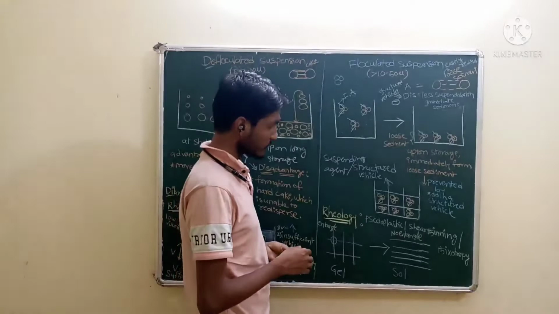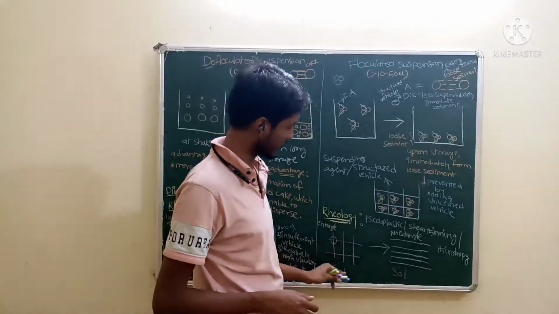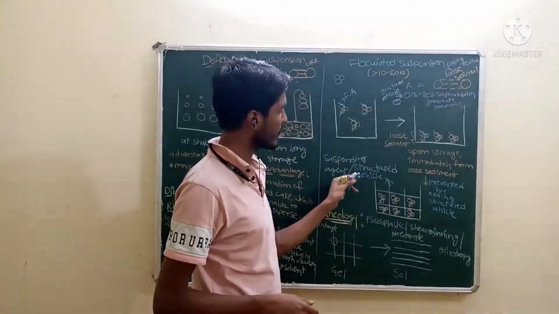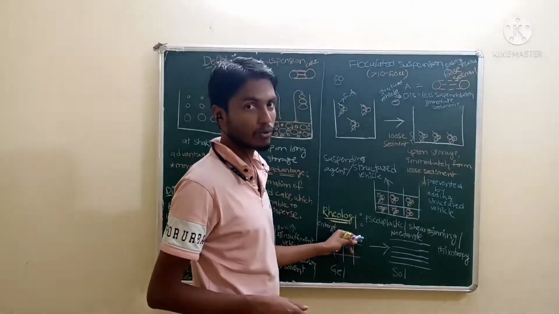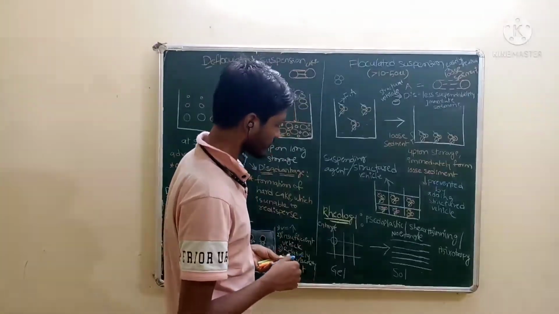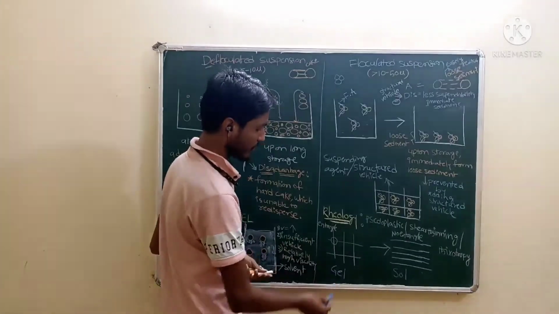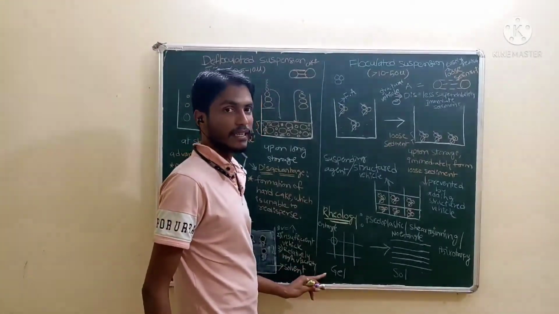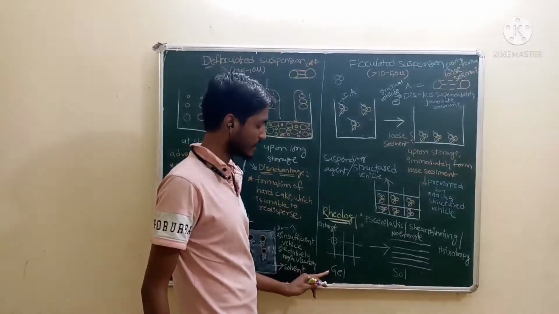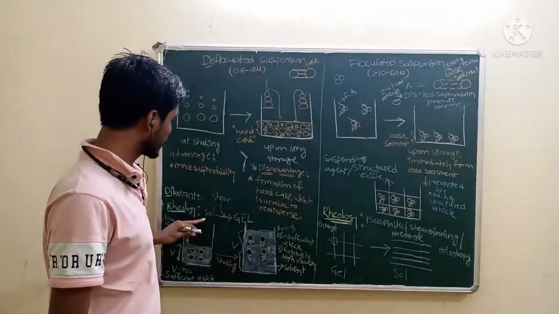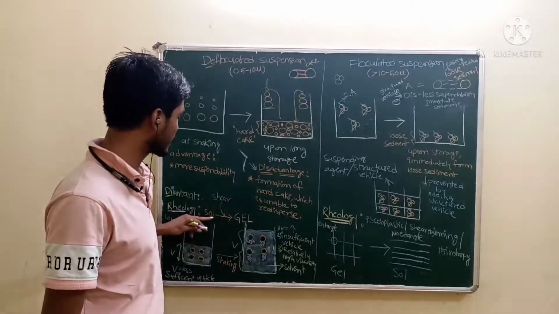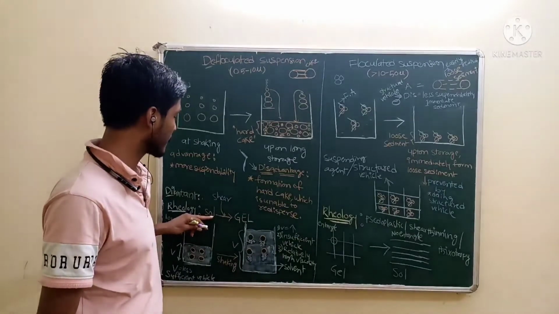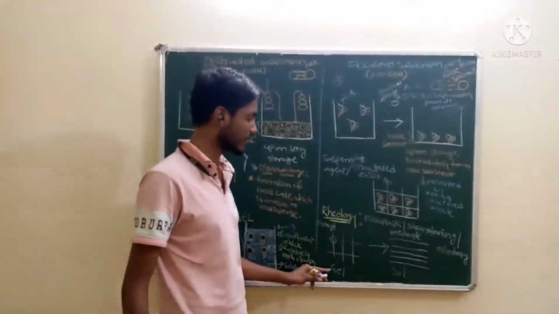Due to the presence of this structured vehicle or suspending agent, it exhibits pseudoplastic form. Initially it is in gel form. The initial stage, which we can call the equilibrium state, is gel form.